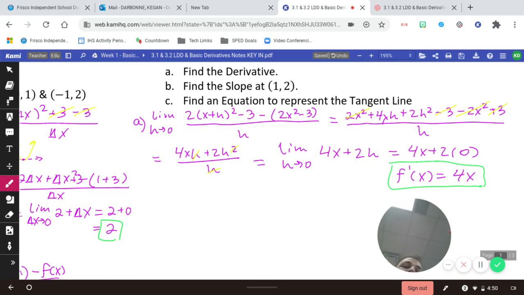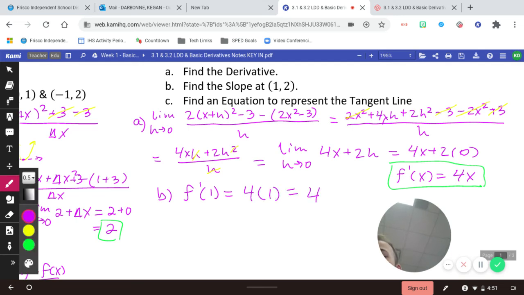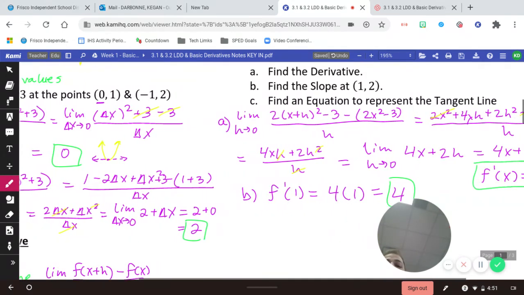The derivative is an equation that gives me the slope at any x value on f of x. So I can take that x value and plug it straight in. So B, f prime of 1 is equal to 4 times 1, which means my slope is equal to 4. Nice and easy. Much easier than that.